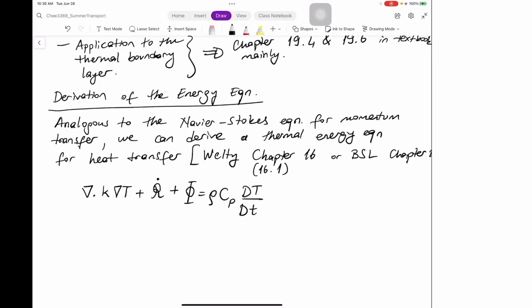Well, actually, for incompressible fluids, Cp is almost equal to Cv, but for the compressible ones, not necessarily. So let's use the notation Cv instead, the heat capacity at constant volume. This is the energy equation. It's equation 16.13 from the textbook.